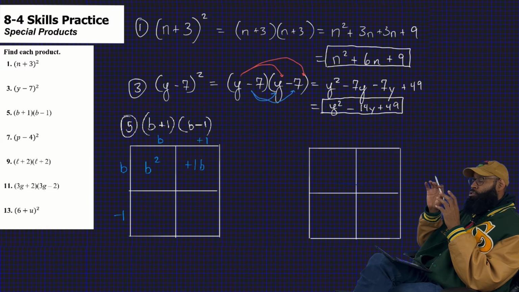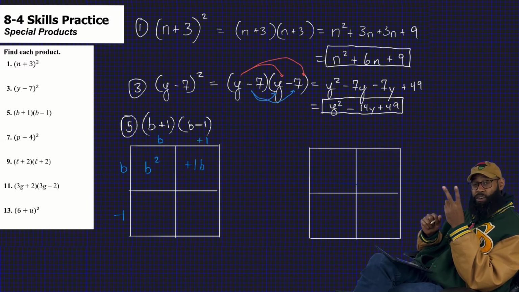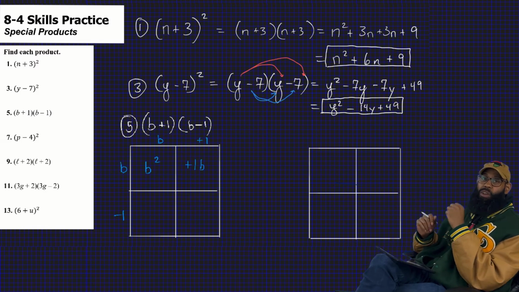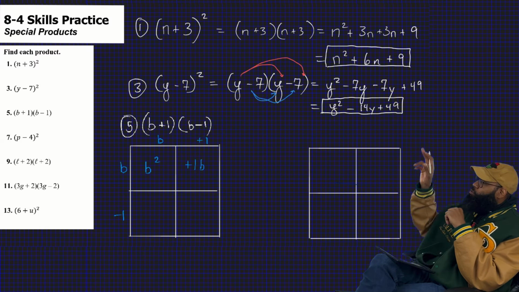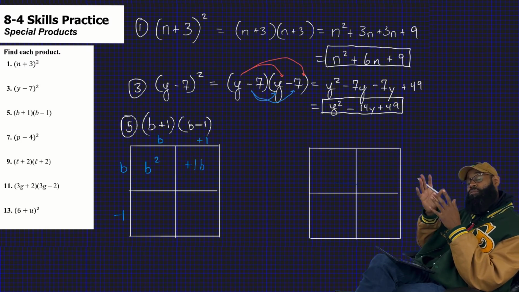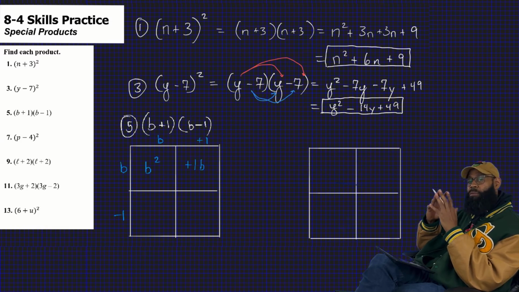So 2 squares on the top, 2 squares on the side because I have 2 terms in the first set of parentheses and 2 terms in the second set. So we call that a 2 by 2. 2 on top, 2 on the side. When you get to later chapters, 2 by 3, 3 by 3, you'll understand how this box can be helpful.